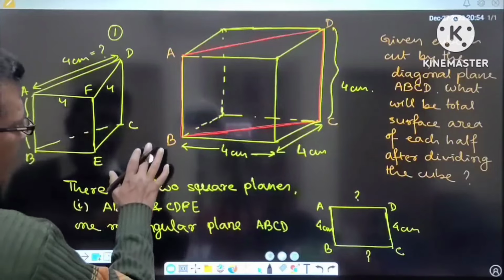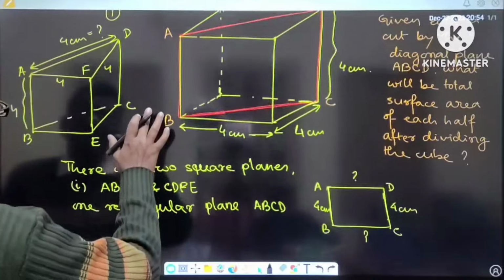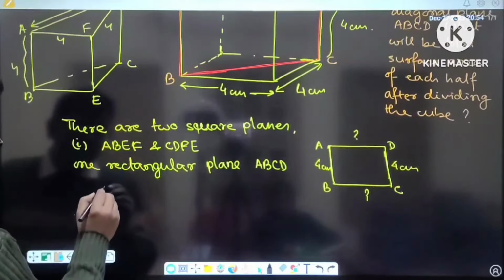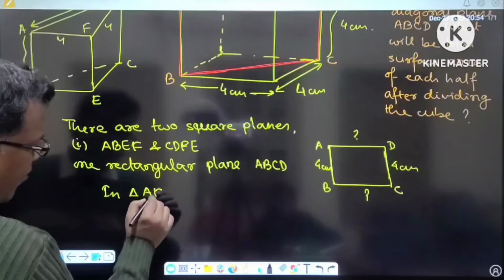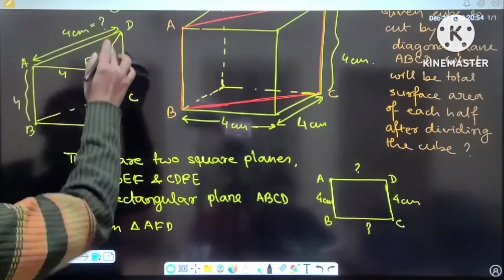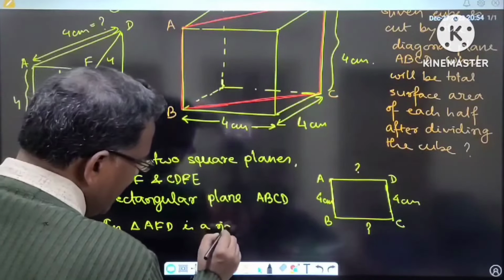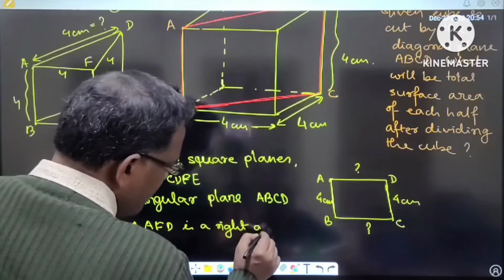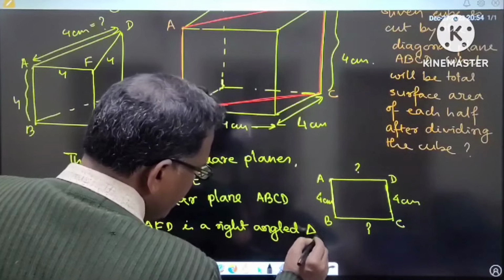How can we calculate AD and BC? Because in triangle AFD, check it again, triangle AFD is a right angled triangle. Yes or no? Right angled triangle, right?